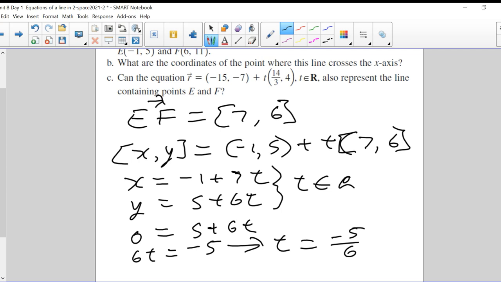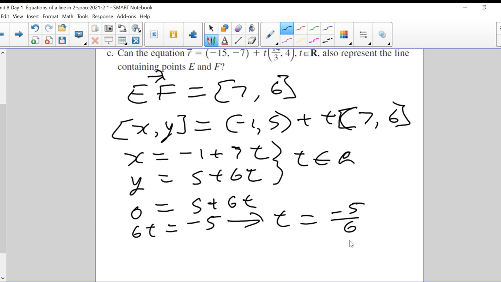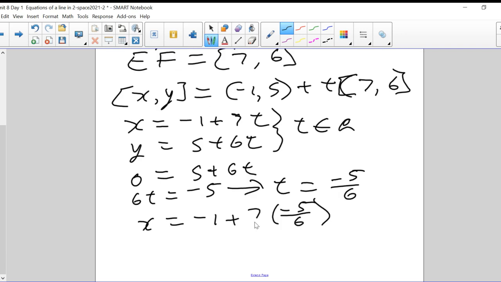So at that point, you have a 0 when you set t to -5 over 6. And what Quinn just said is perfectly correct. Now I can find my x value for that. So my x value would be equal to -1 plus 7 times this t value of -5 over 6, which is -1 minus 35 over 6.